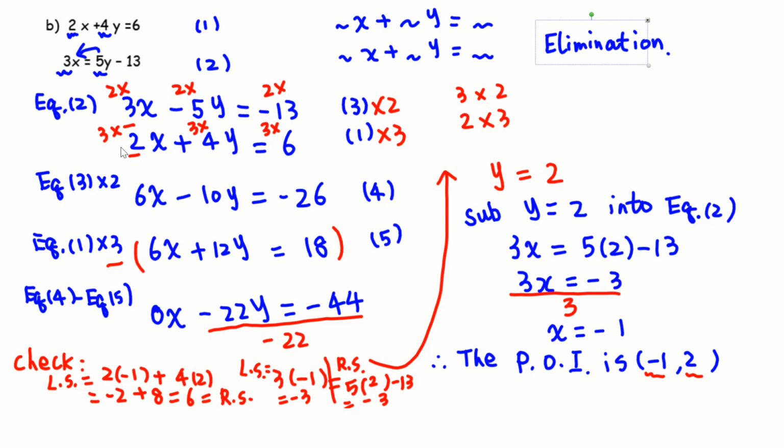Then change one variable's number at the front to be the same. You could just cross-multiply, 3 times 2, 2 times 3. If you want to eliminate y, this one times 4, this one times negative 5, or times 4 and times 5. But just remember you need to multiply each term.